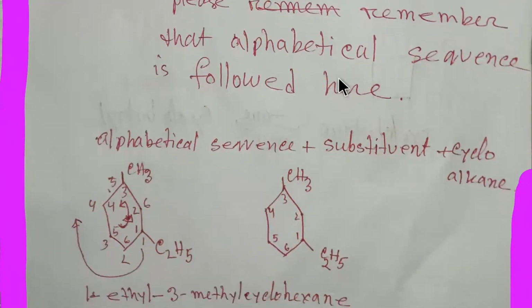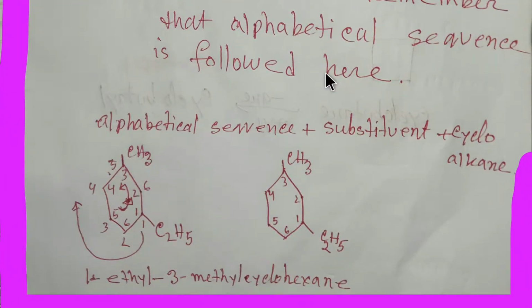Okay, let me clear it by taking an example. So this is alphabetical sequence, then substituent, then cycloalkane. The sequence will be like this. So observe here, this is 1, then 2, this is anti-clockwise. I am numbering here anti-clockwise, right? 1, 2, 3, 4, 5, 6.